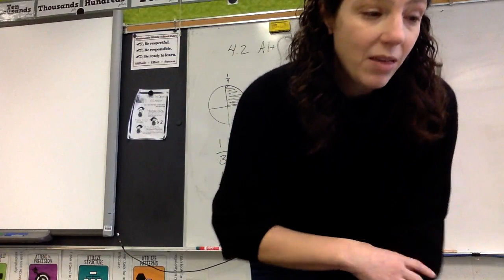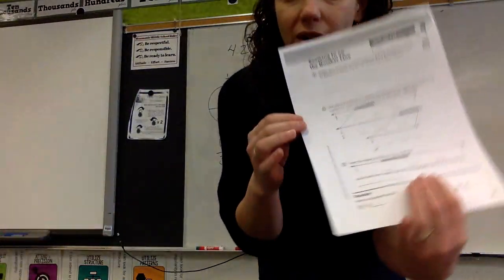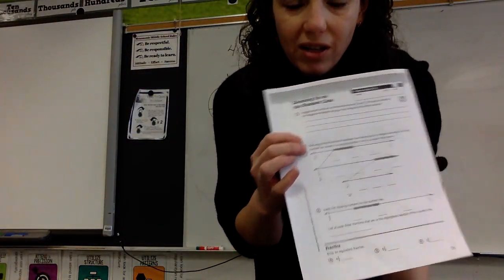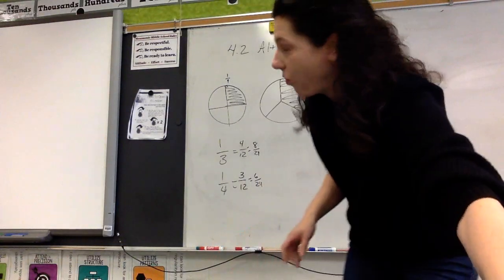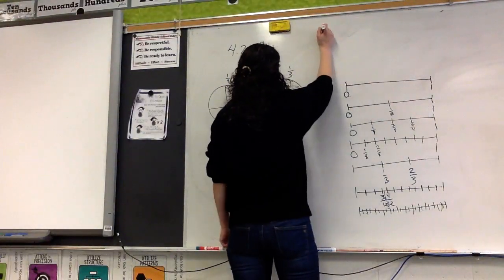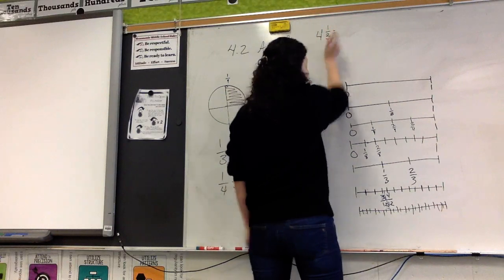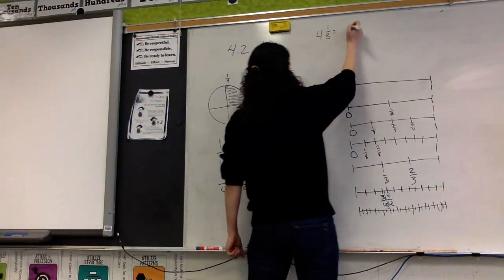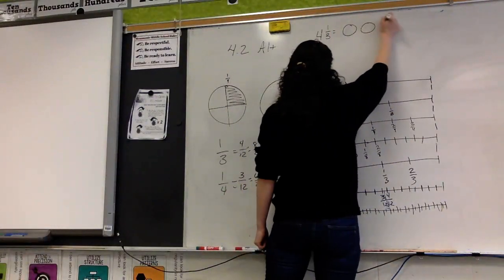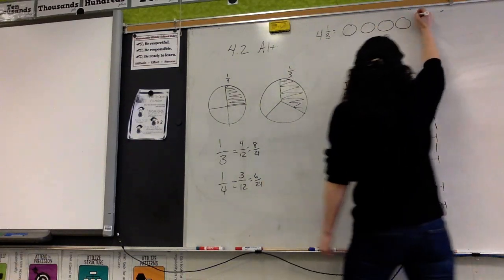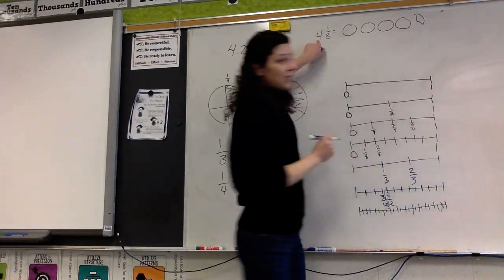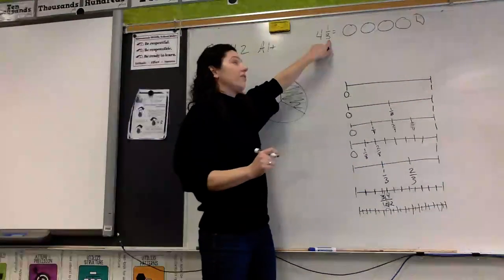All right, at the bottom of our homework, we have directions to write an equivalent fraction. So the number they've got there is 4 1/3. And I just want to show you what we mean by that, especially for those of you who are at home. So 4 1/3 looks like this. Technically, we call this a mixed number because we are mixing a whole number with a fraction.